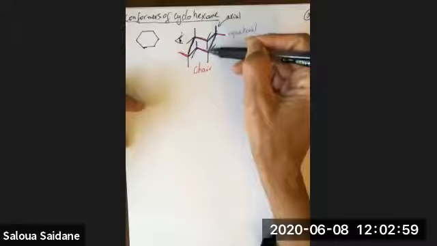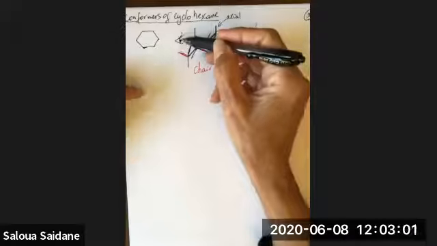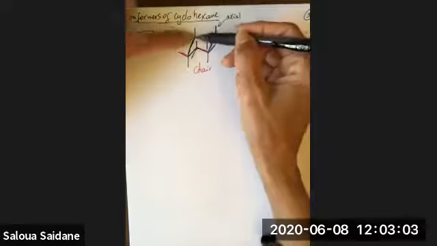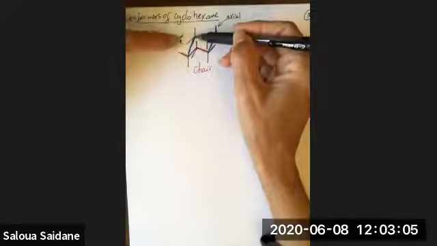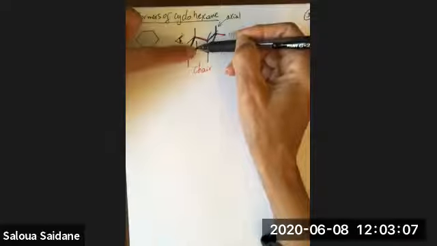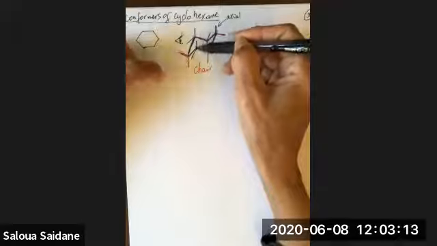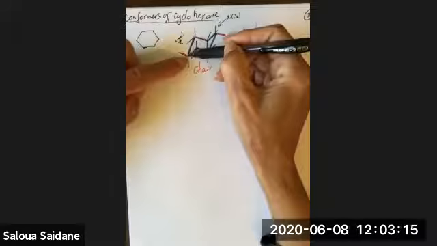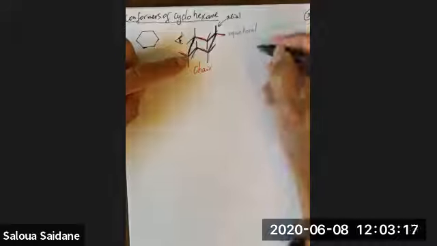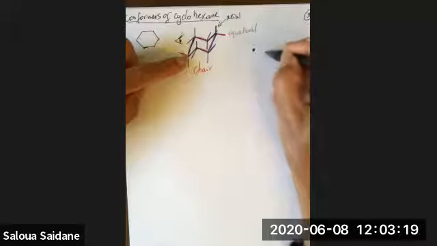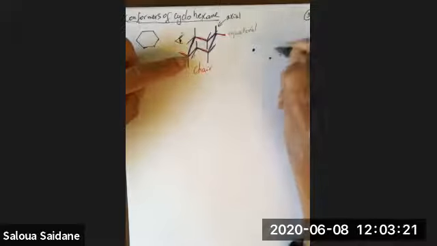See, you can draw a plane right there. And when you look from here, you see this carbon in front of you and also this one. These 2 are at the same level. This one is at the bottom. So in front of you, you see 3 carbons. 1, 2, 3.